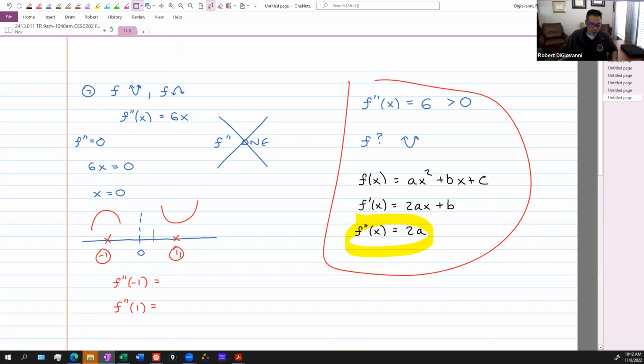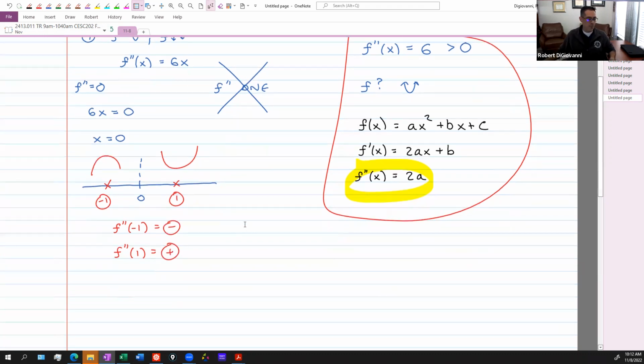If you plug +1 into the second derivative, you get +6. That means my function is concave up there. So negative, positive. Okay, y'all good up to this point? We're almost done.